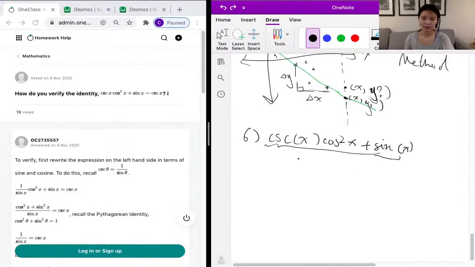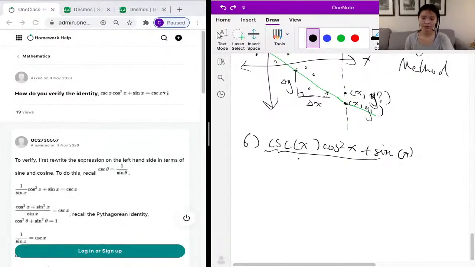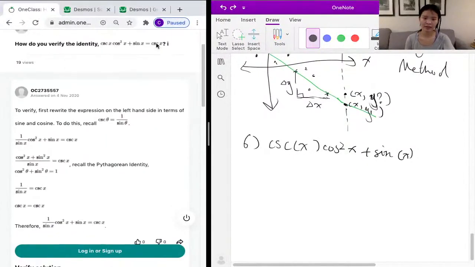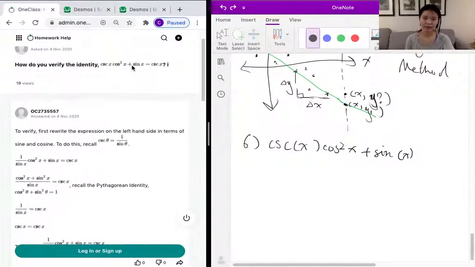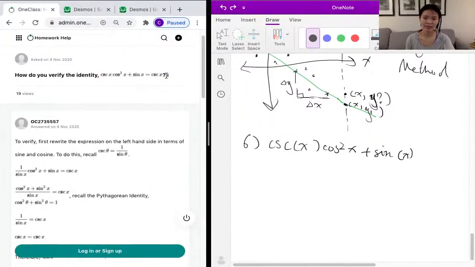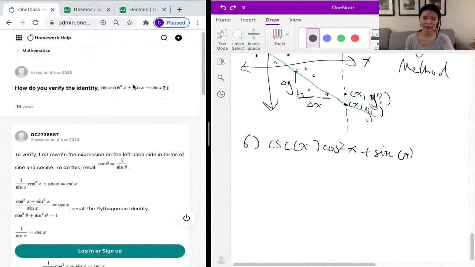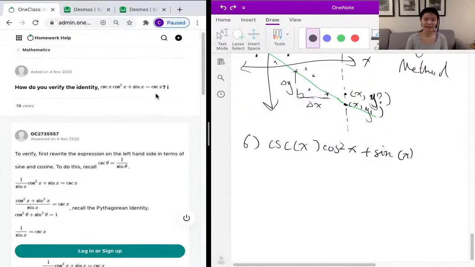Of course, if you want, you could start at the right-hand side and try to get to the left-hand side, but it's much more difficult, in my opinion, to do it the other way around. At least in this case. But maybe if this question is written as verifying cosecant of x equals cosecant of x cos squared x plus sin x, in that case, verifying it the other way around is much easier.